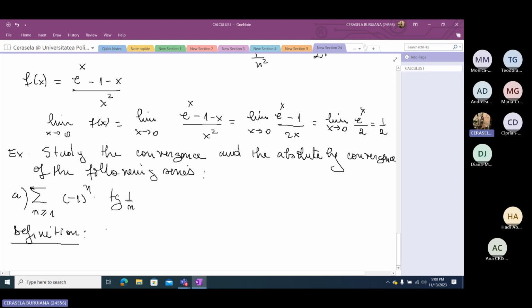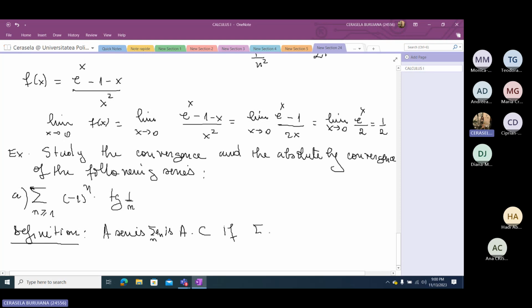A series of general term an is absolutely convergent if what happens?